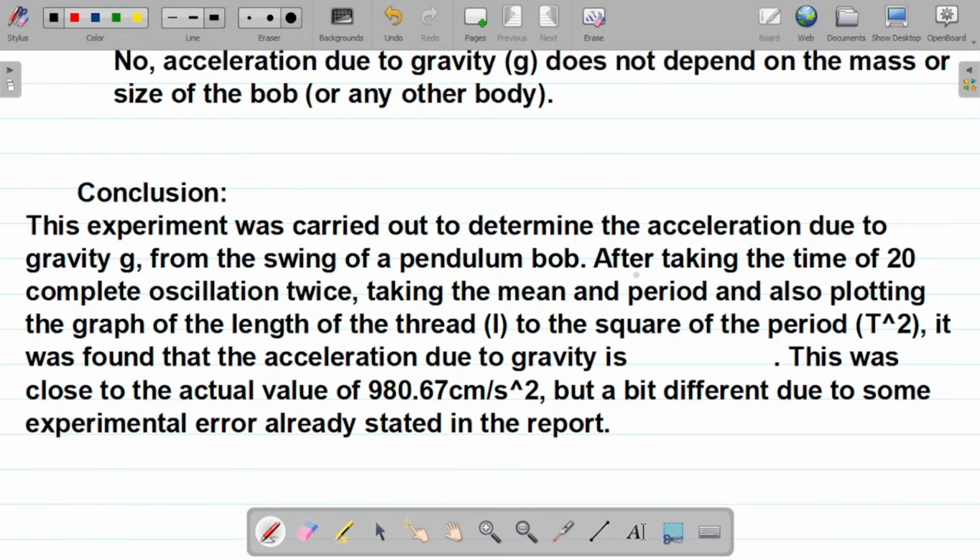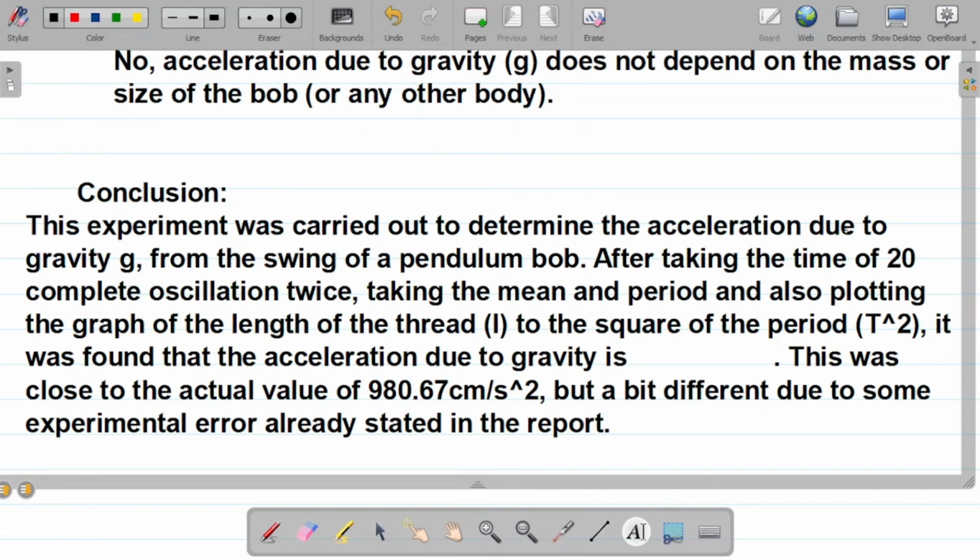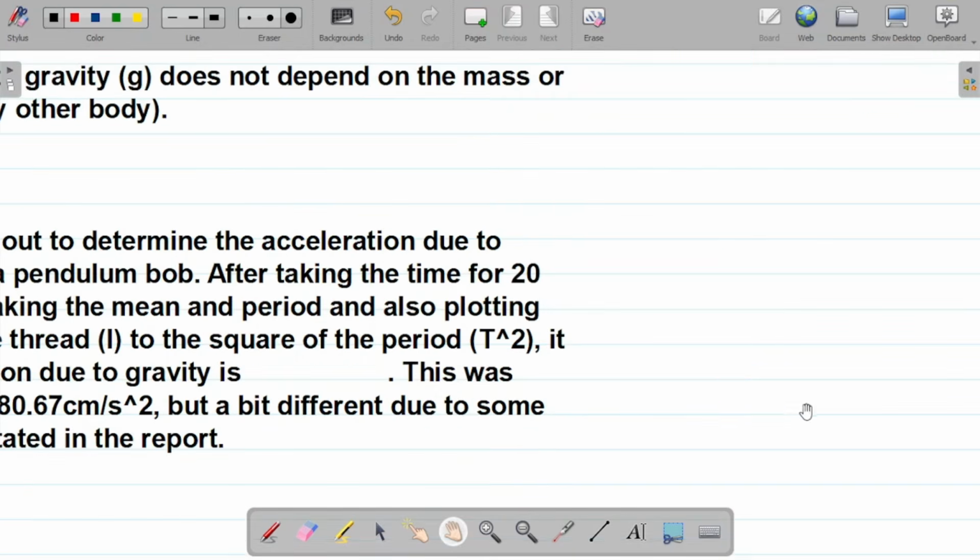After taking the time for 20 complete oscillations twice, taking the mean and the period, and also plotting the graph of the length of the thread L against the square of the period, T squared, it was found that the acceleration due to gravity is, let's check our value again for g.